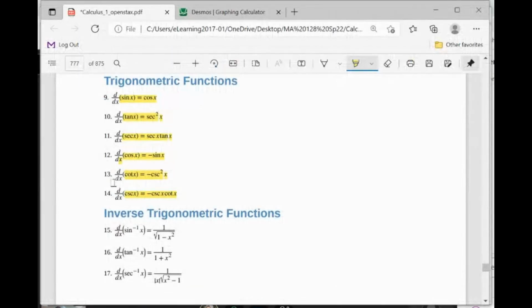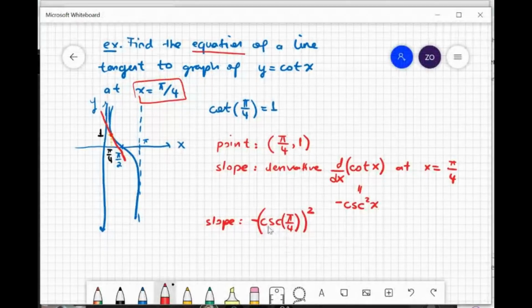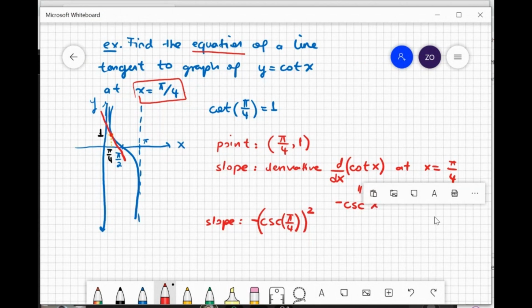The formula of the cotangent derivative is negative cosecant square. So we can get help from our calculators.